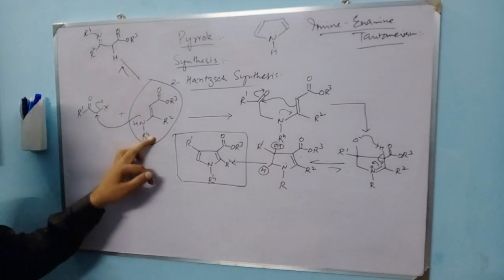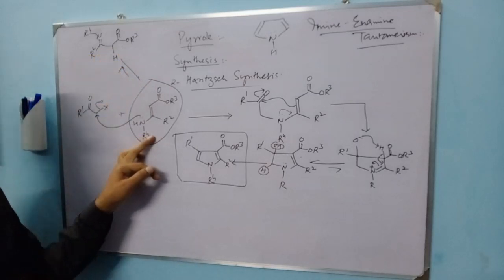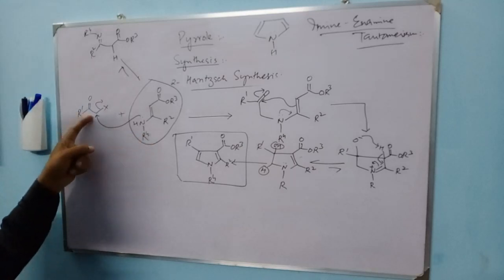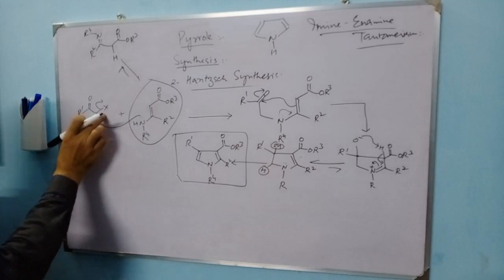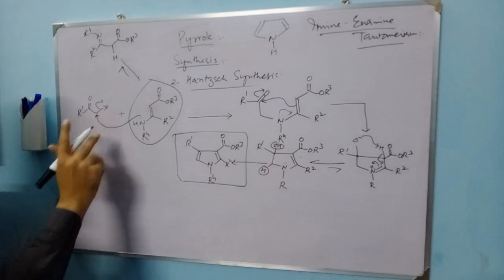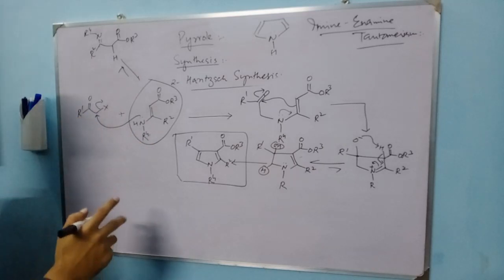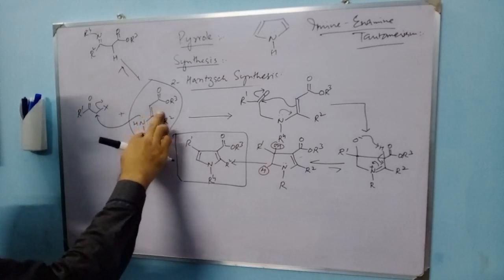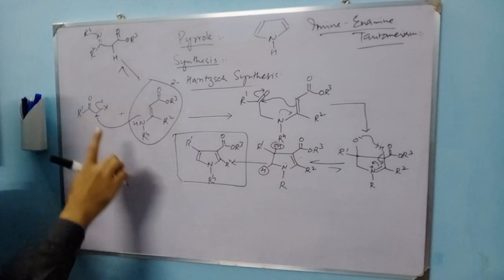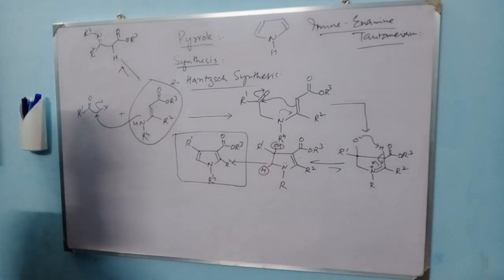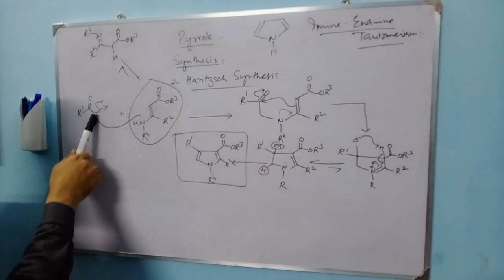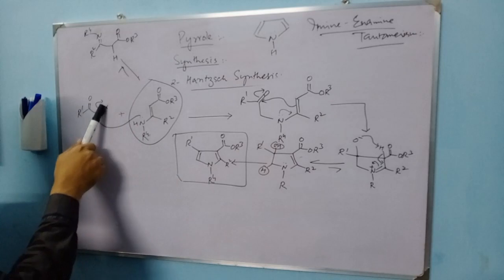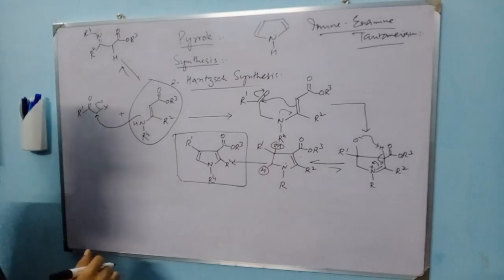Now this intermediate can react in both ways with the same reagent. It means the same alpha halocarbonyl would be used, however two different ways can be adopted by this enamine to react with this. As a result, we can get different products. In this case especially, it directly attacks on alpha carbon and this halogen is removed.